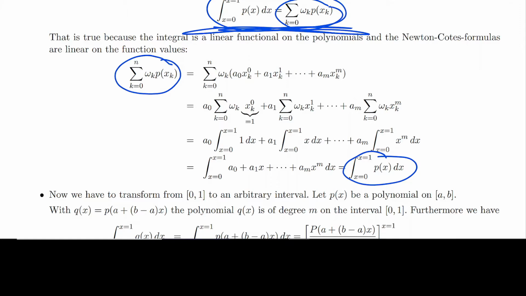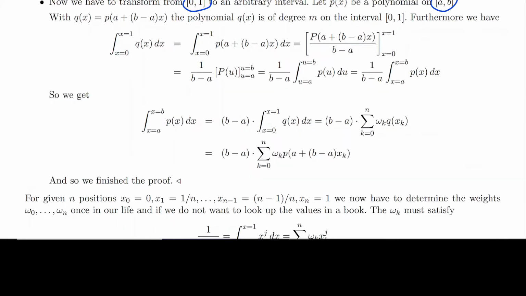The second part is, let's go from the interval 0, 1 to an arbitrary interval a, b. And that's what we do now. Let's say q of x is p of a plus b minus a times x. That means if you request q of 0, then you get p of a plus 0, which is p of a.